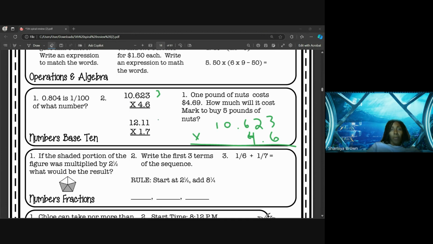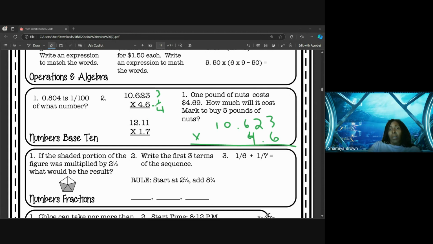And then in 4.6, there is 1 place after my decimal. If you add the 3 and the 1, that's a total of 4 places after my decimal. So in my final answer, there has to be 4 places after my decimal. So I'll go back and do that at the end once I get my answer.